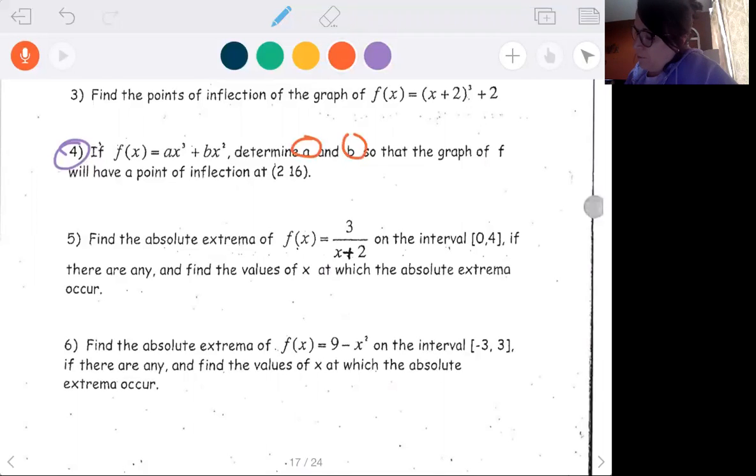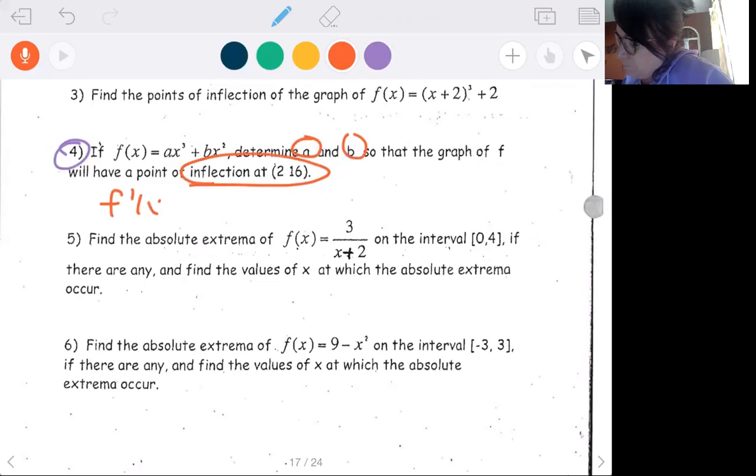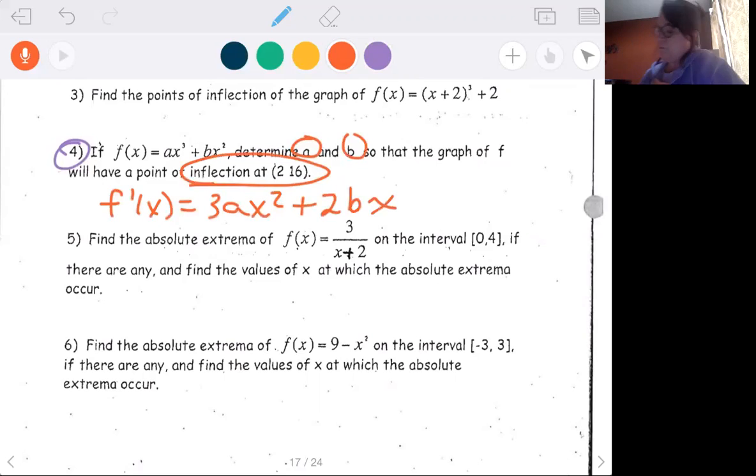So we know that for inflection points of cubics, the second derivative has to equal 0. So that's usually where kids get one equation. They're like, oh, okay, I know that the first derivative would be 3ax squared plus 2bx, right?